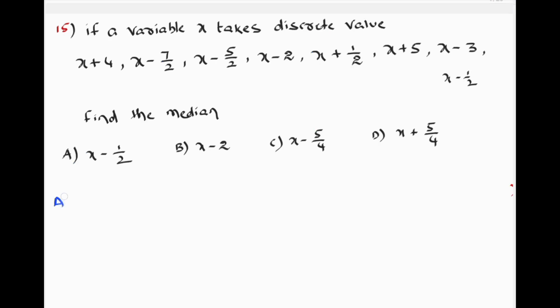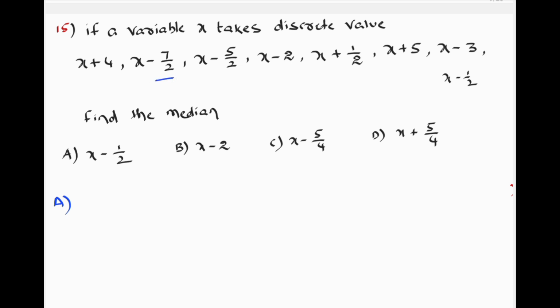So in the problem, we are having all the variable terms. We have to find the median. So median means we have to arrange the data either in increasing order or decreasing. Which is the least one there?